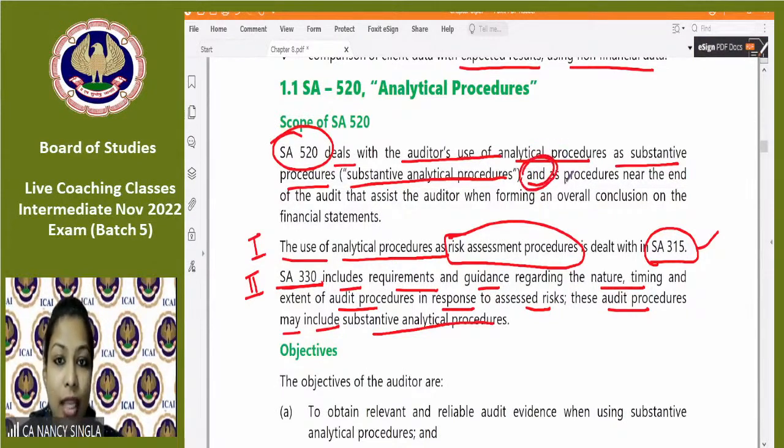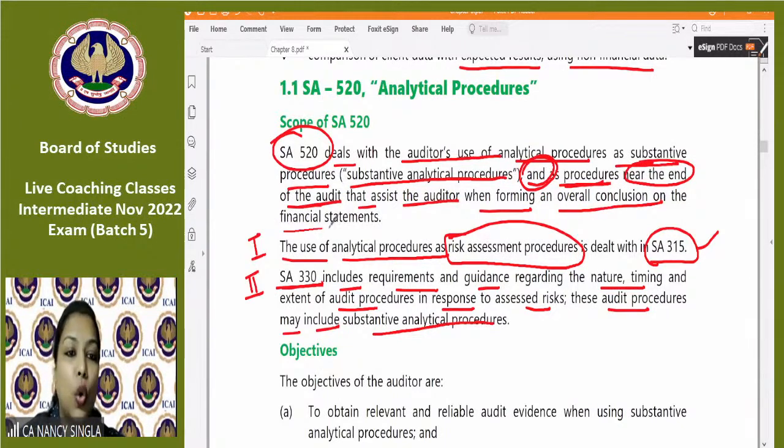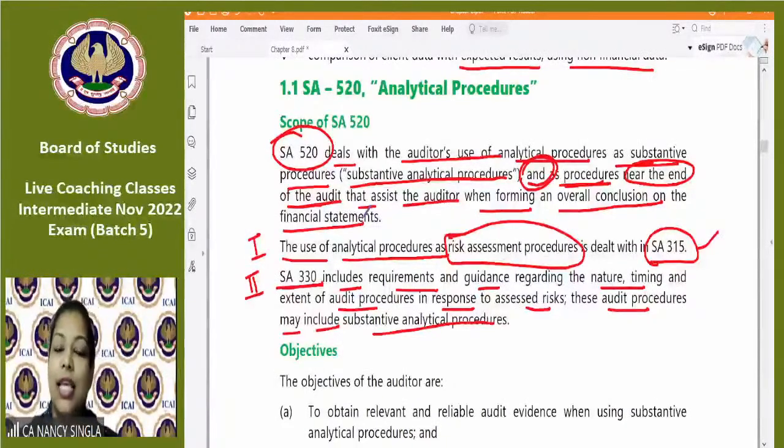And as procedures near the end of audit that assist the auditor when forming an overall conclusion on the financial statements. ठीक है, तो we are using the analytical procedure as risk assessment procedures, as substantive procedures, and near the end of the audit to form an overall conclusion.